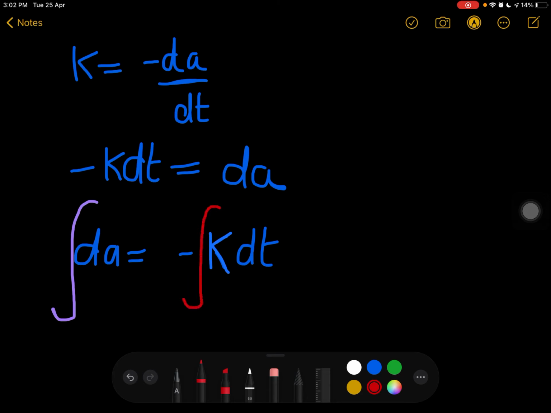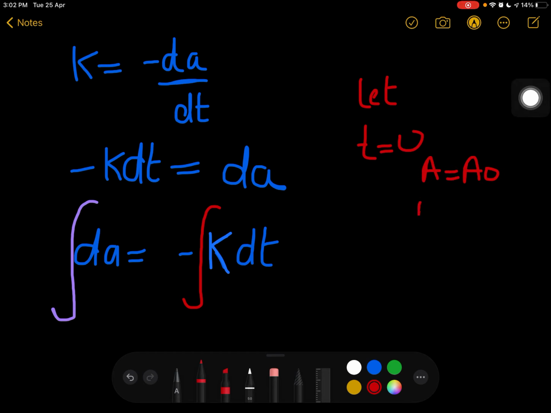So in integration we basically set the limits. Consider that when time is equal to 0, the concentration of A is A naught, where A naught is basically the initial concentration, right?